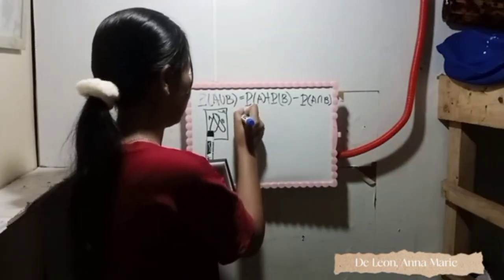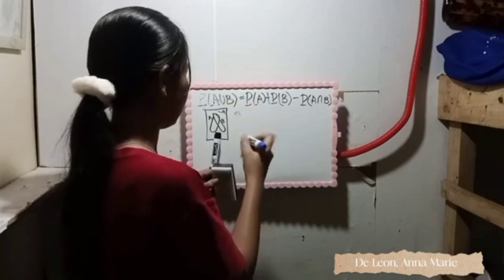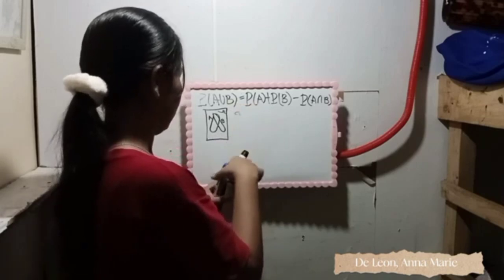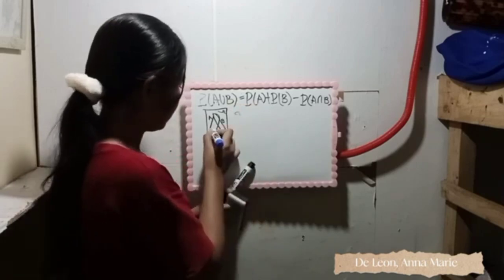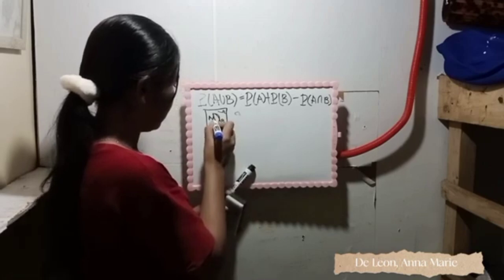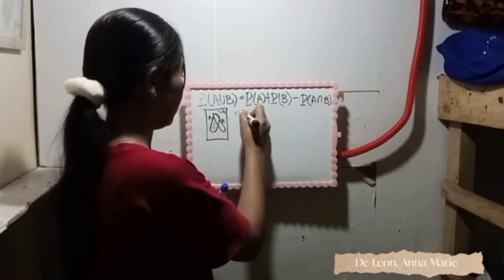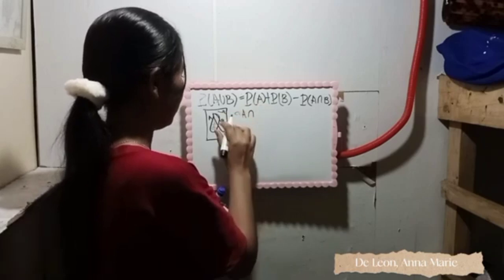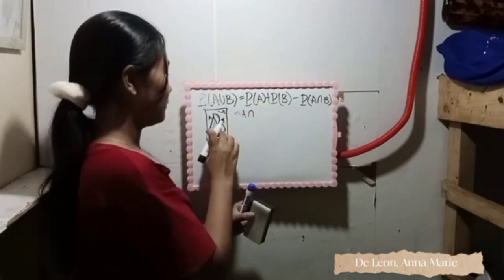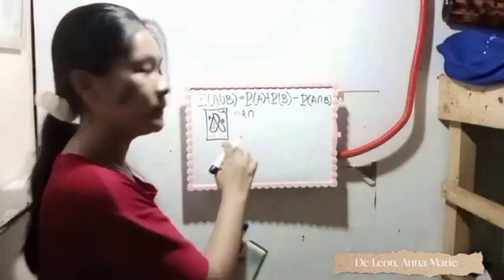So A happened here: A intersection B complement, the event that belongs to A but doesn't belong to B.